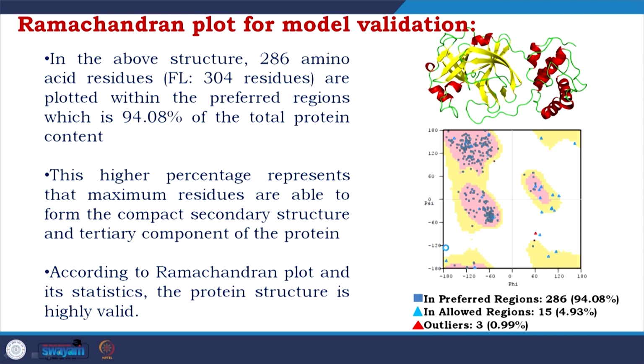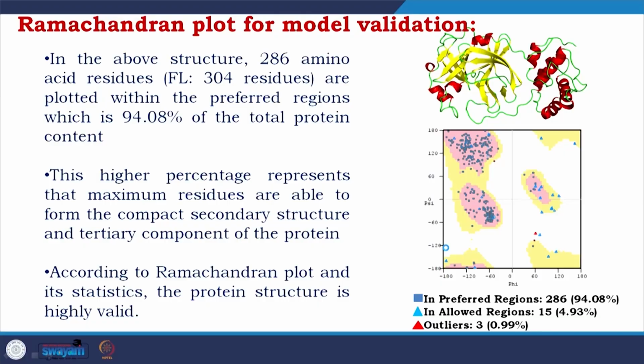What is meant by validation? Remember I was talking about how there are now many experimentally solved structures. By taking those experimentally solved structures and putting them into the Ramachandran plot, we now know which 3D conformer, what type of torsional angle distribution, represents a valid structure.